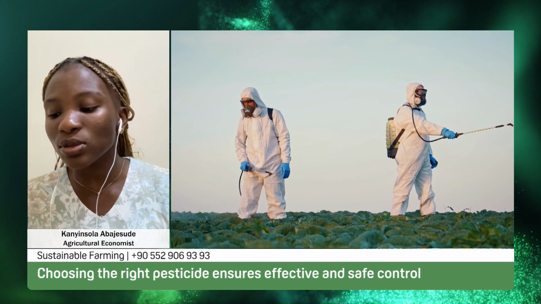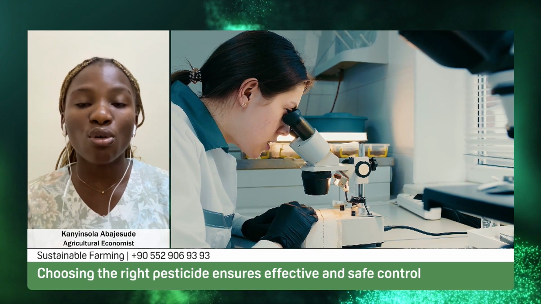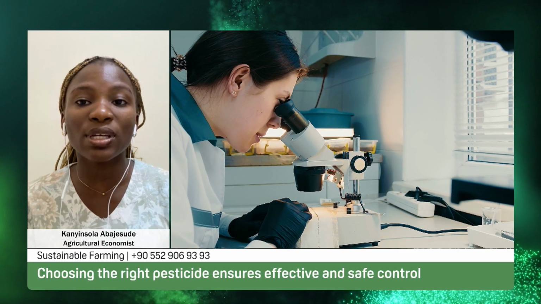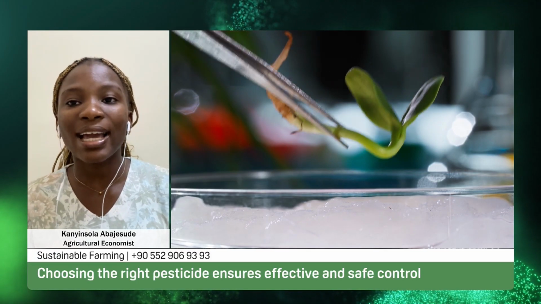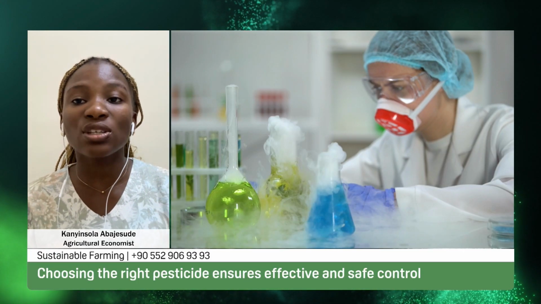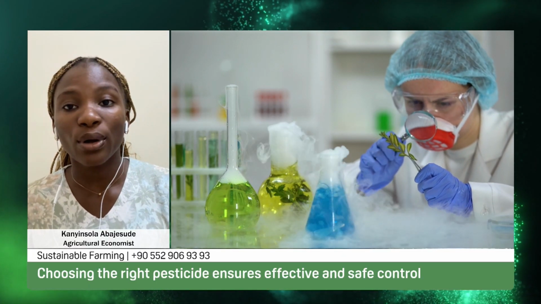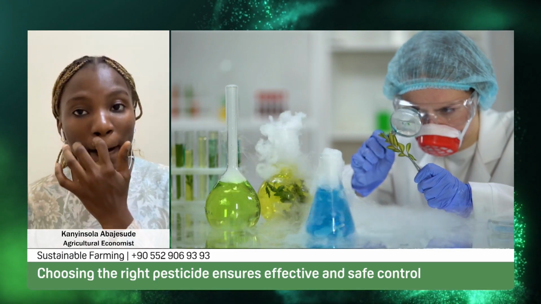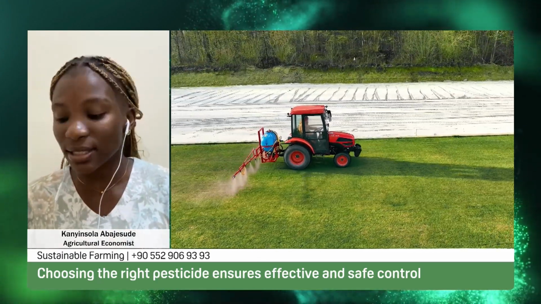Also, you'll be able to see the target pests and crops, the crops that this chemical is made for, and the target pest that it is made for. This information is provided on the label. So when you don't read the label, you won't be able to know these things.